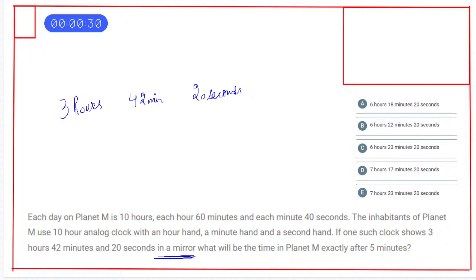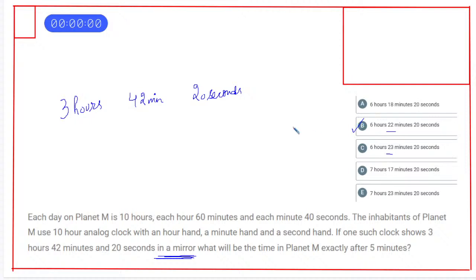Okay, focus on the word mirror. I think yes, it is correct. 22 or 23.